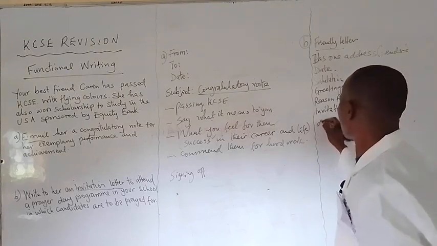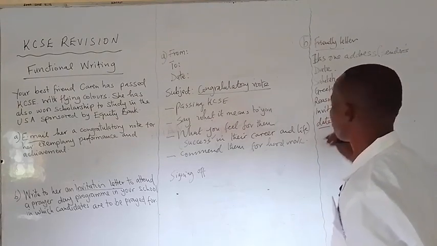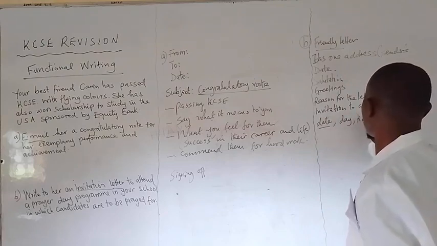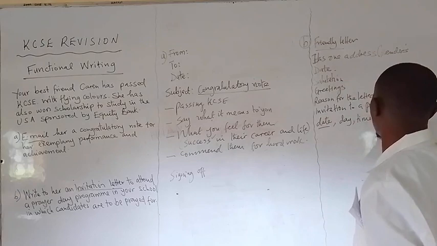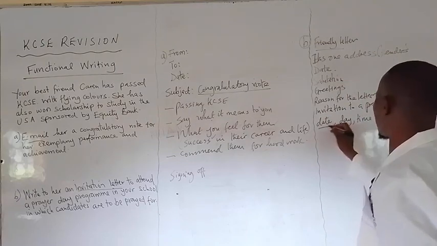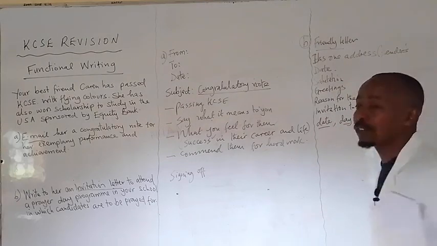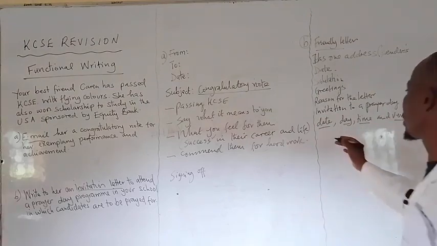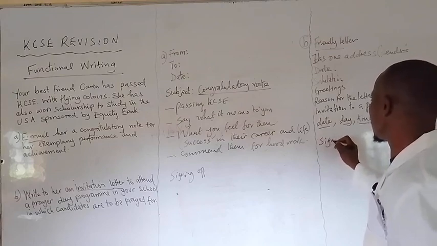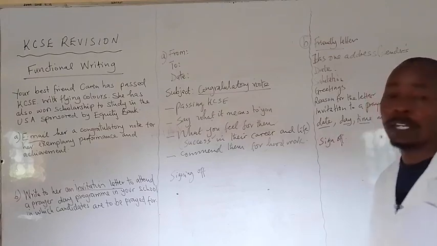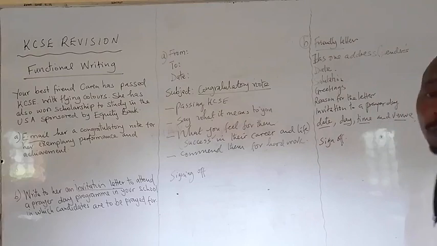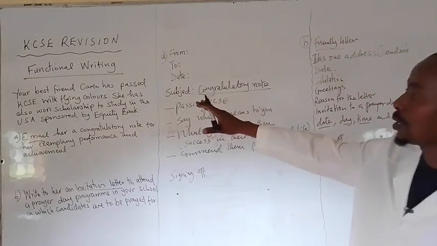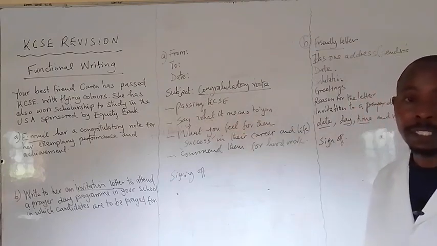It will require that you mention the date, day, time, and venue. These are key parts of an invitation letter to this particular function. Once that is done, all it will require is to offer a signing off.